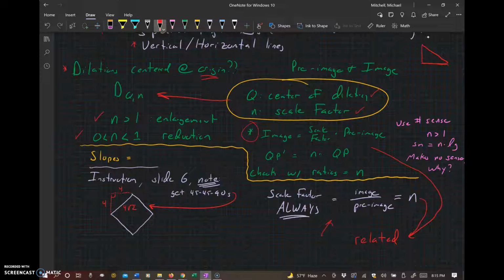When you want to find your scale factor, it's always image over pre-image. But notice what happens.